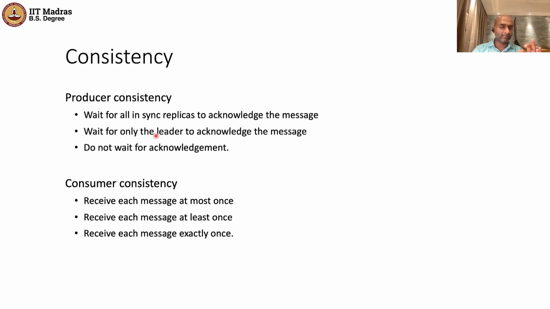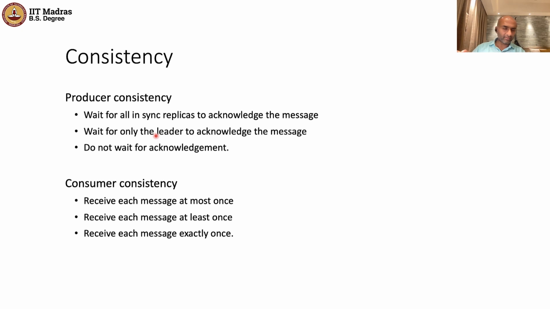What matters is that the producer gets a message that the data is persisted based only on the leader persisting it. So in that scenario, after the leader has acknowledged to the producer and before the replicas are synced up, if the leader fails, if the broker hosting the leader fails, then you potentially have a data loss, right?